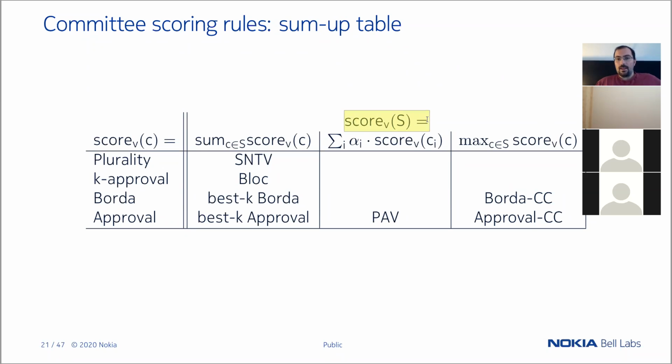And here is the way that these scores for individual candidates are aggregated into a score for a set of candidates: with the sum, with a non-trivial order weighted average, or with the maximum. And here you have the voting rules that you obtain: single non-transferable voting, block voting, best case Borda, best case approval, proportional approval voting, Borda Chamberlin-Courant, and approval Chamberlin-Courant.